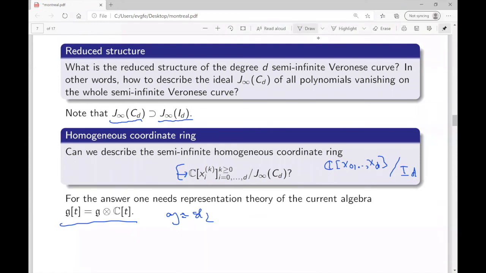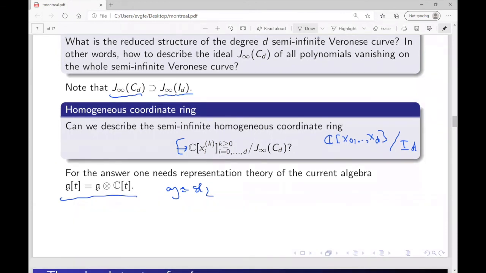Could I just make a quick comment or actually ask a question? Yes, sure. So you call it semi-infinite. Is that because you're only looking at positive powers of t? Absolutely. Yes. Okay. So in principle, you could look at Laurent polynomials as well. Yes.